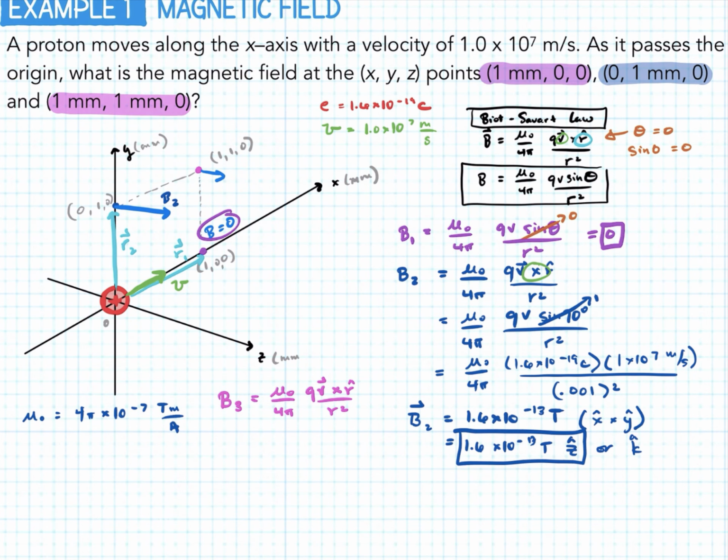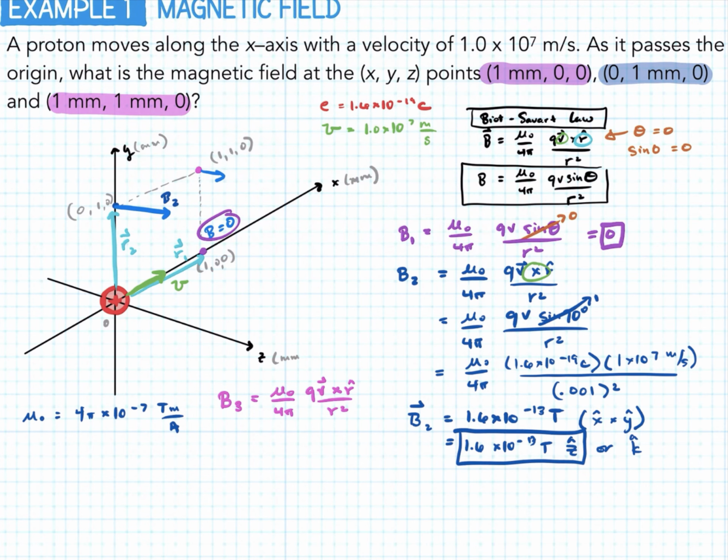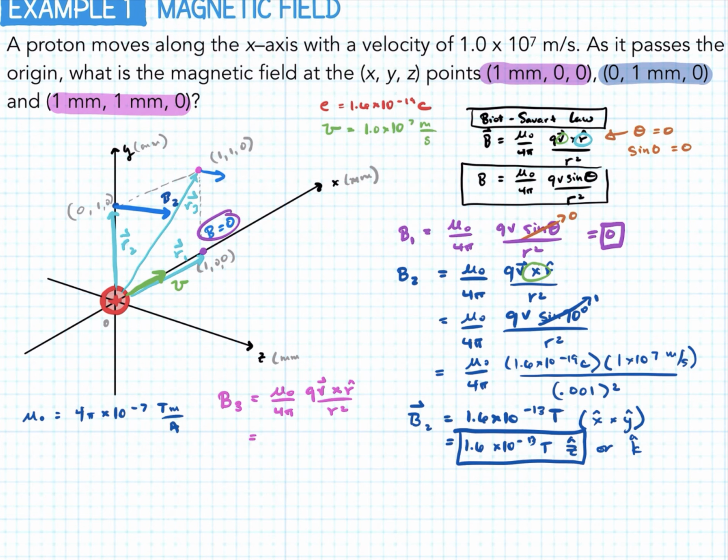The only thing that's different here is now R3 has this angle of 45 degrees with V. So you end up with mu naught over 4 pi.